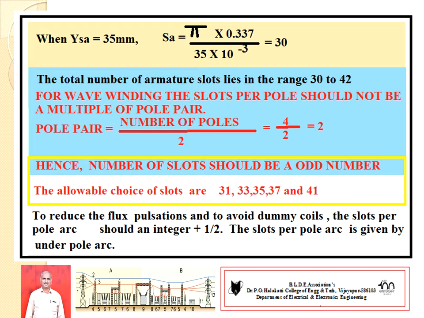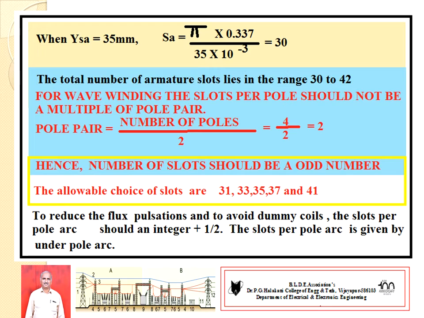Hence, the allowable choice of slots are from minimum slots to maximum slots. You select odd numbers, that is 31, 33, 35, 37 and 41 are eligible.